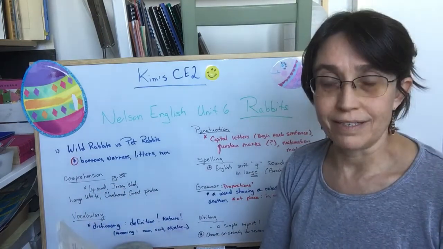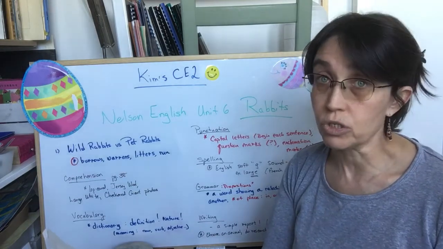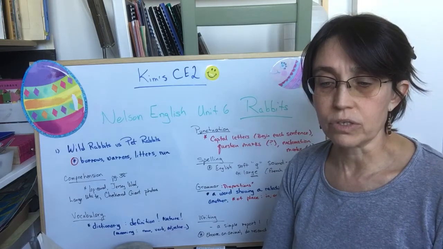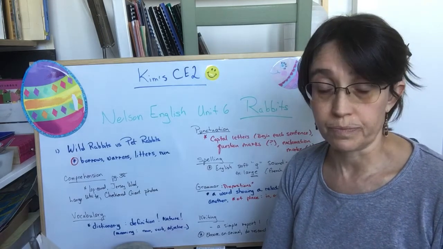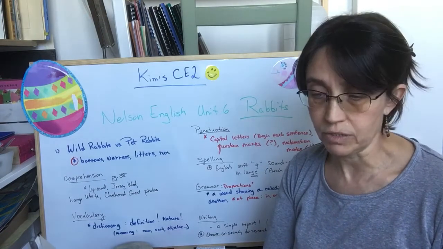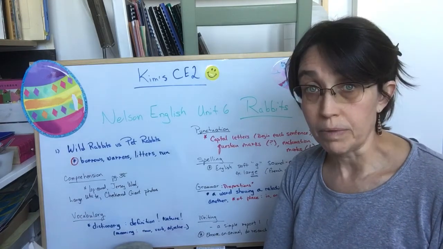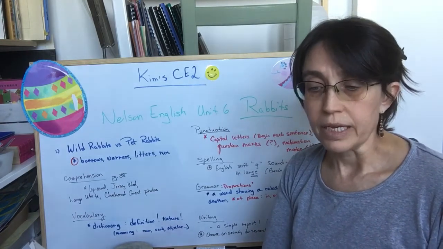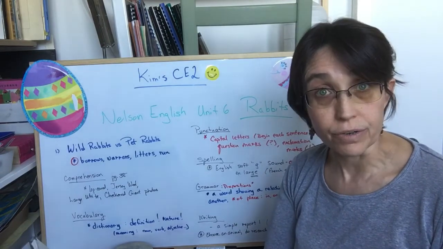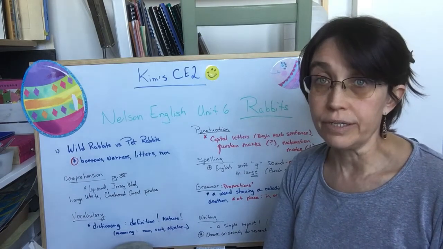Wild rabbits. Wild rabbits often live in large groups. They live in burrows with linking tunnels under the ground called warrens. In a warren, there are usually lots of young rabbits to keep warm and safe. Each doe, a female rabbit, that's called a doe, can give birth to up to 7 litters a year, with 4 or 5 young rabbits in each litter.